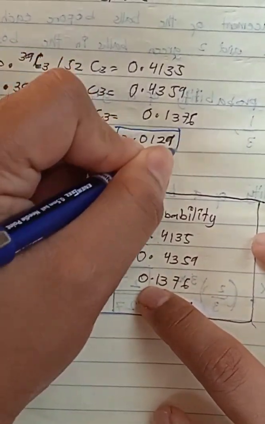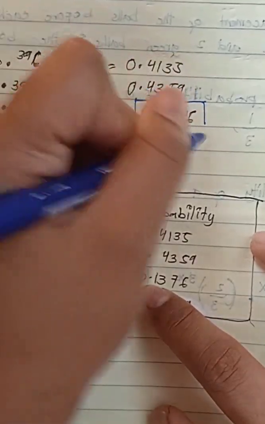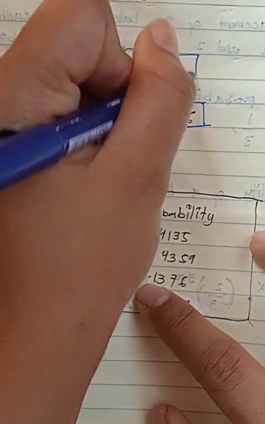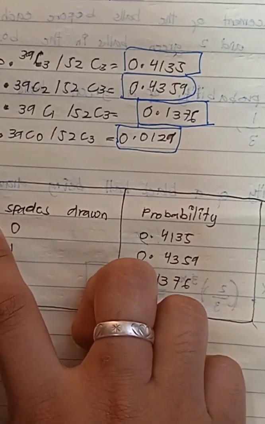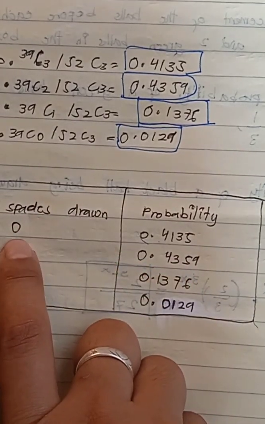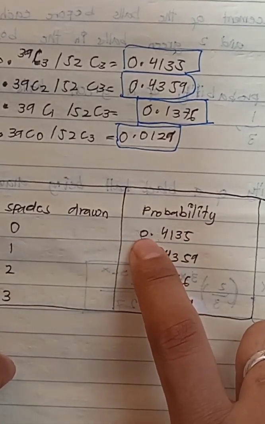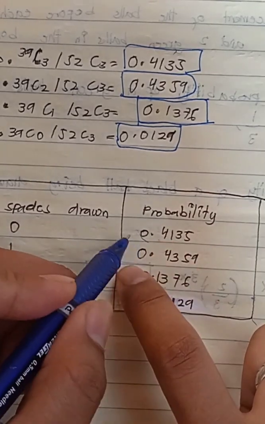Ito po siya. Ito po yung mga na-compute po natin. So, dito naman po yung number of spades drawn sa 0 po, yung probability niya is 0.4135.